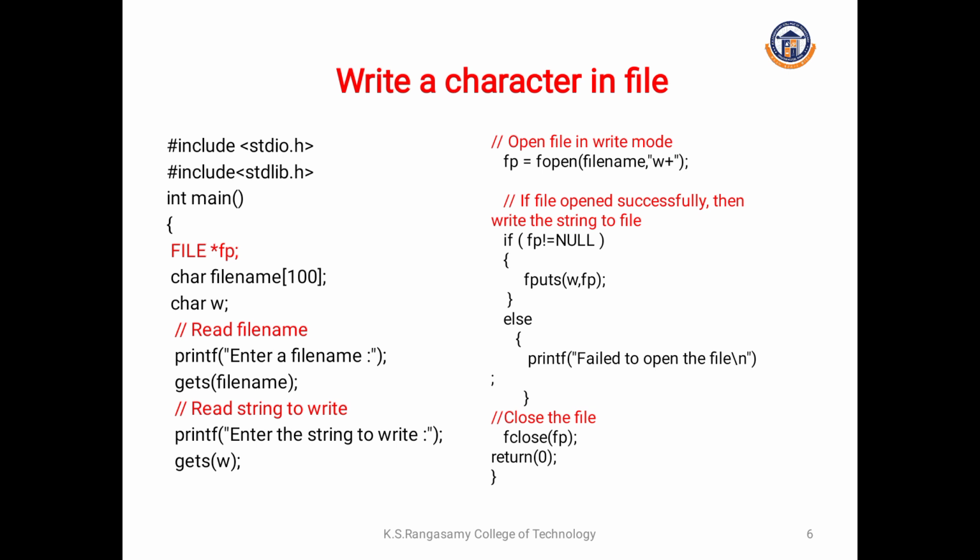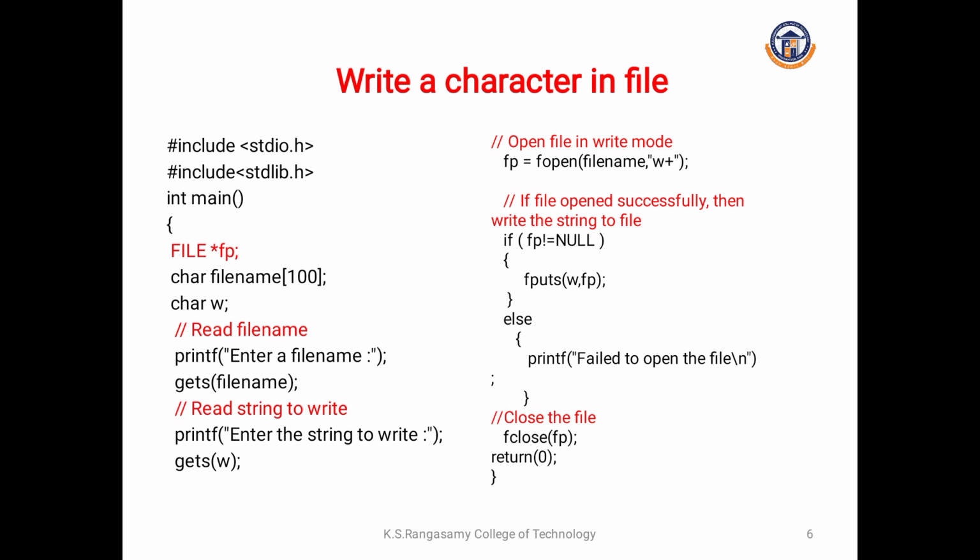And for opening a particular file, pointer fp is equal to fopen of that file name. Because I have given the file name here, character file name of 100, whatever value was given as a file name will be tagged there, and it will be in the writing mode, w plus. And I am checking whether the file is available or not.